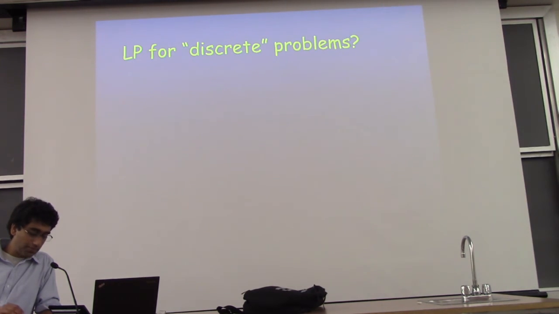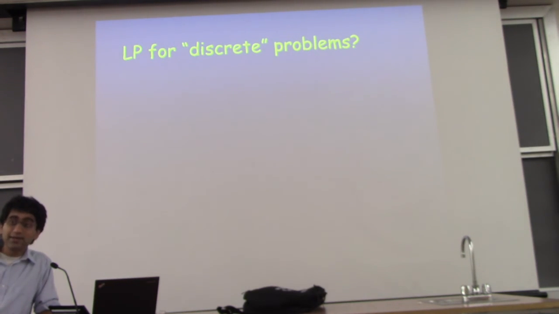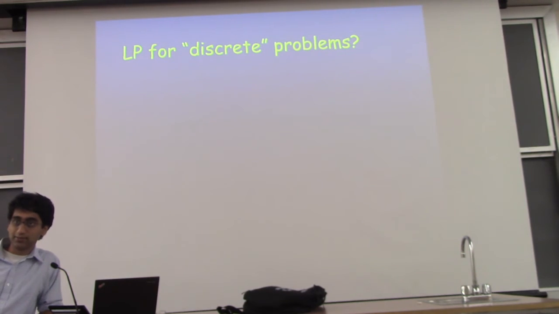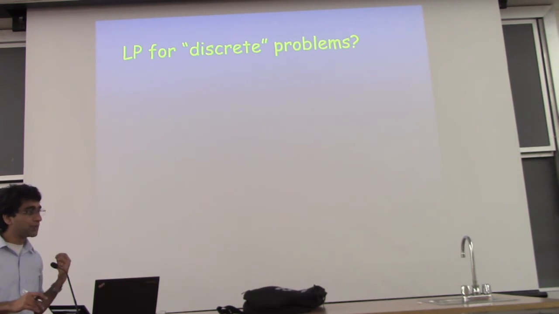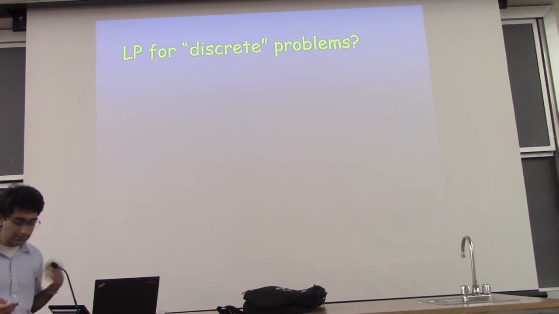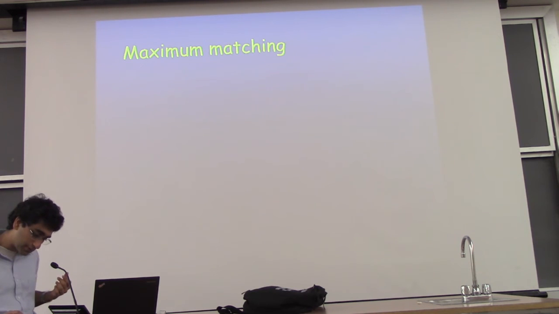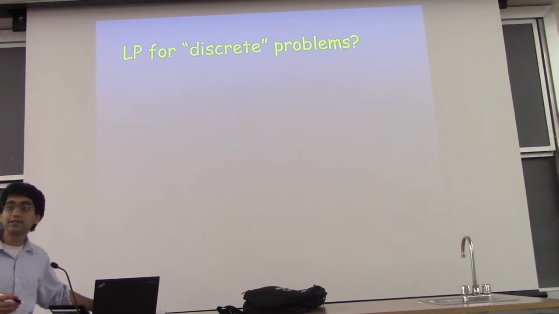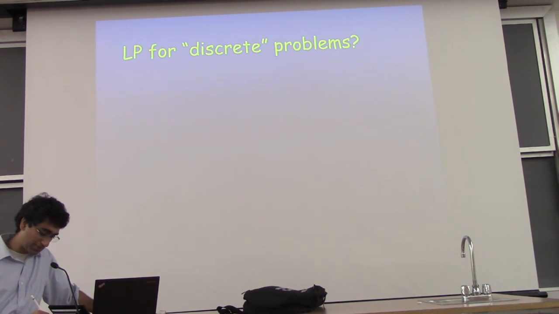But a more recent development, which is rather surprising, is how to use linear programming for what's called discrete problems. So this is an example. What is a discrete problem? These are problems like independent set.